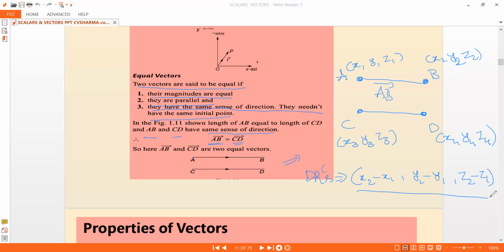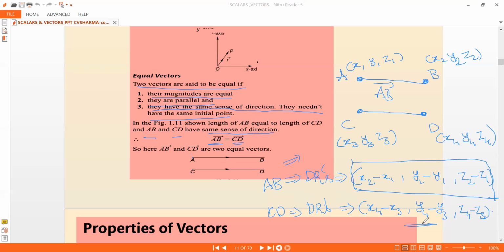This set of things is called the direction ratios. Similarly, the DRs of CD are the final point minus the initial point: x4 minus x3, y4 minus y3, z4 minus z3. When you do that, those are the direction ratios.